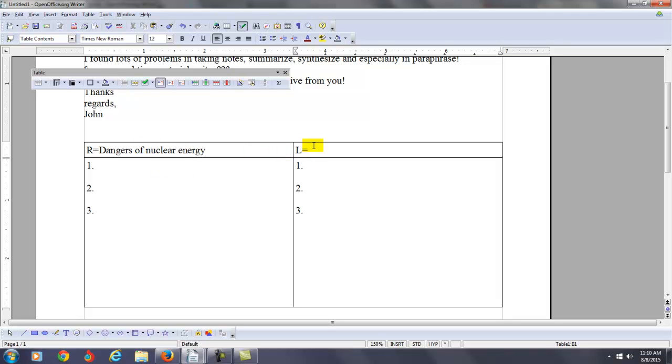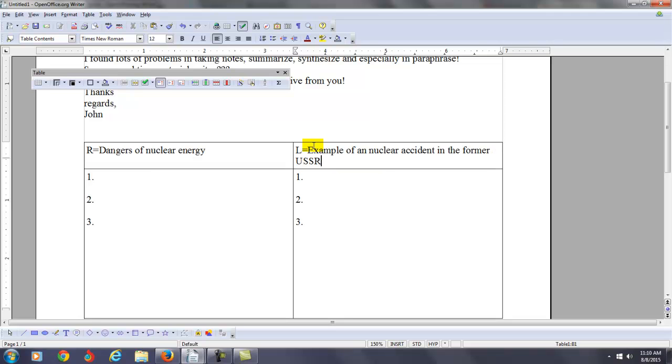And then the listening passage gives an example, a nuclear accident in the former USSR, Soviet Union, right?